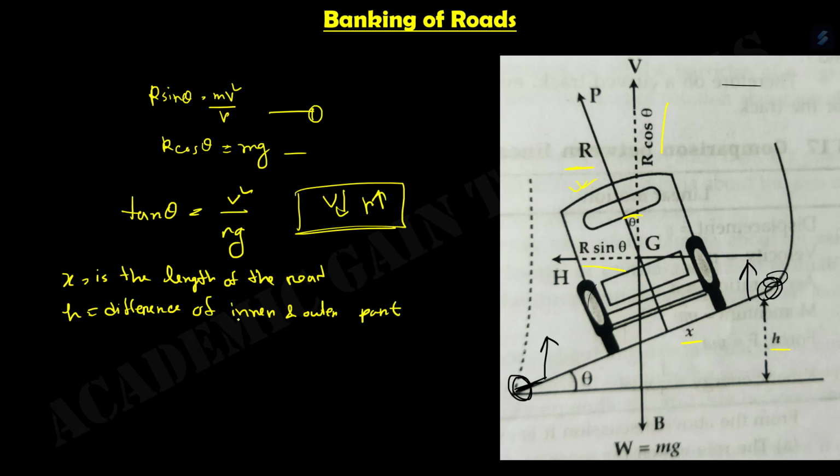From that we can see if this is theta, then this theta and this theta are equal. So we can write sin theta equals h by x, and tan theta equals h by root over x square minus h square. And we know these thetas are very small.